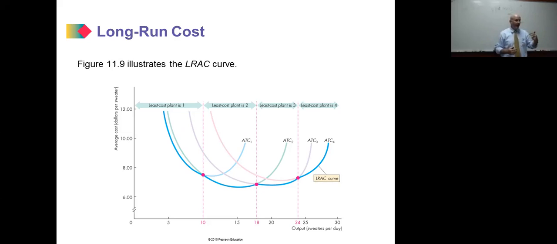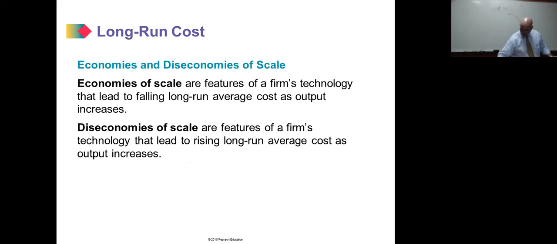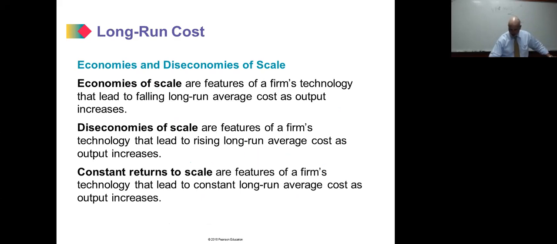Diseconomies of scale, cost is rising as output increases. Both are increasing. Let's see if we said that right. Yes, diseconomies of scale are features of a firm's technology that lead to rising long-run average cost as output increases.